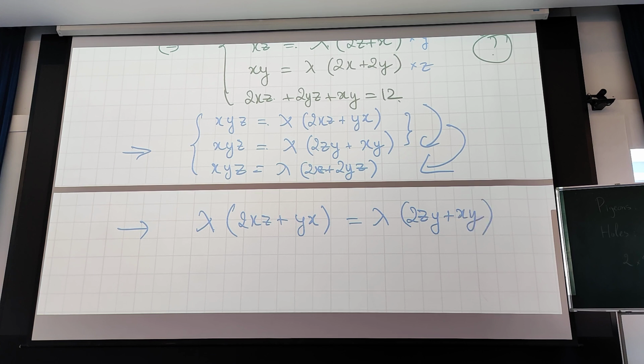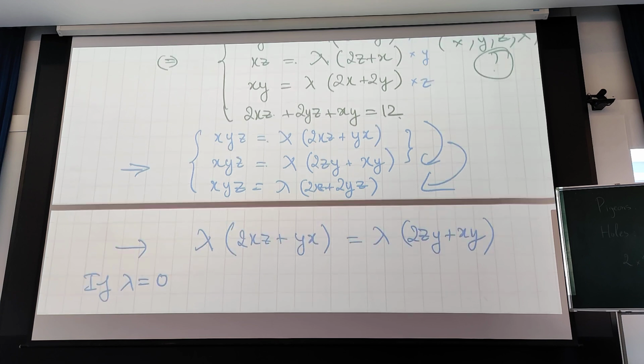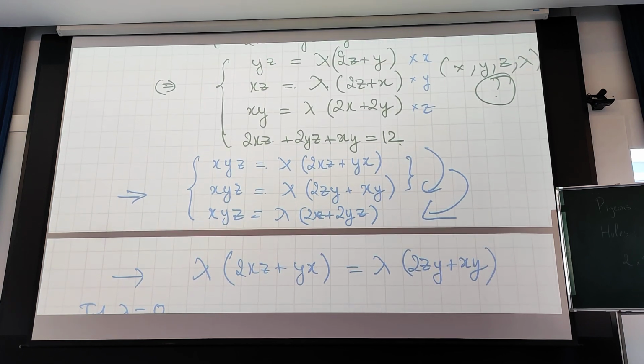You agree? Now there will be two cases. What happens if lambda equal to 0? If lambda equal to 0, we come back to the original form. We see that yz, xz, and xy are equal to 0. Do you agree?